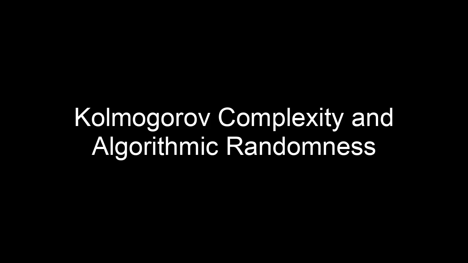P. Martin-Löf developed this idea. Intuitively, a sequence is random if you can't compress it, if its Kolmogorov complexity is high. So high complexity means more random. Essentially, yes. A truly random sequence can't be generated by any program significantly shorter than the sequence itself. Kolmogorov complexity gives you the mathematical tools to make that precise.